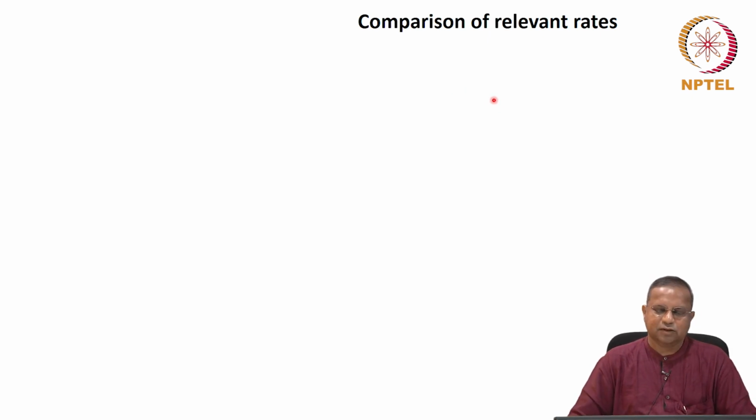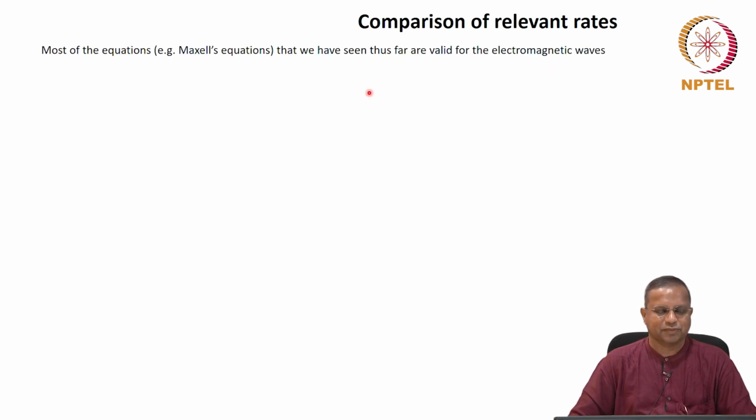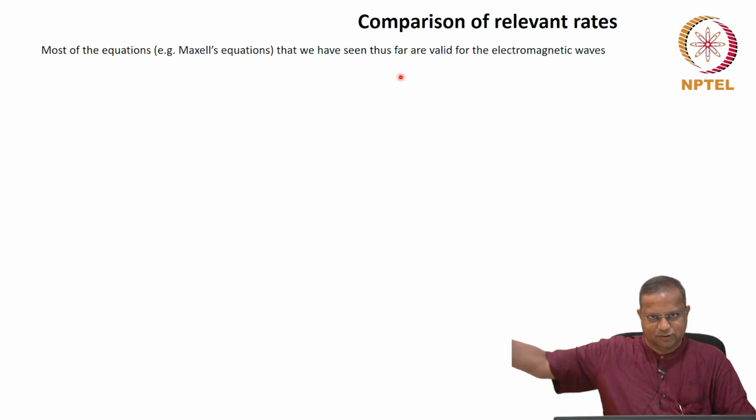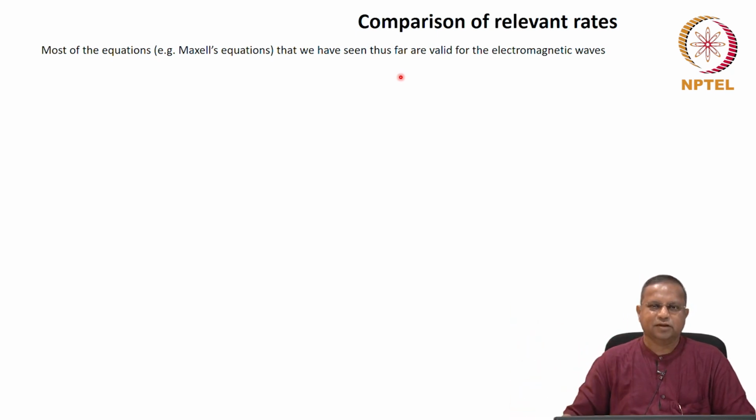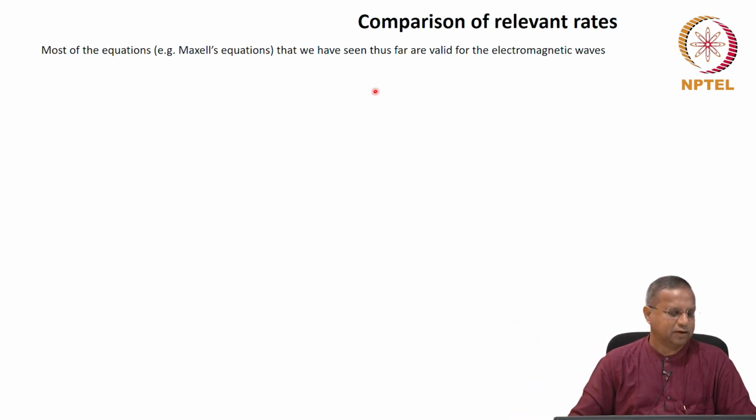You recall the concept of pseudo-steady states that we did in the mass flux chapter. This is the same concept here. Let's go through what it is. Most of the Maxwell's equations that we have seen so far are valid for electromagnetic waves, or you can consider it to be in a waveform.